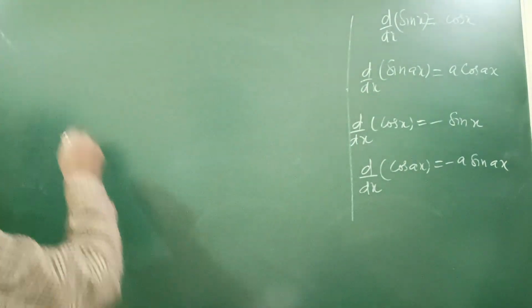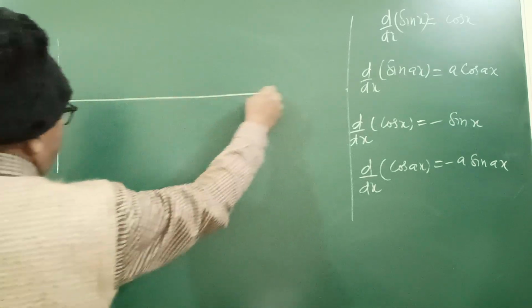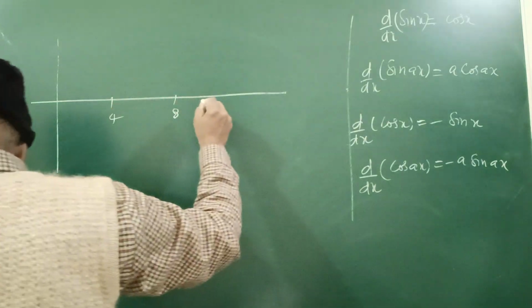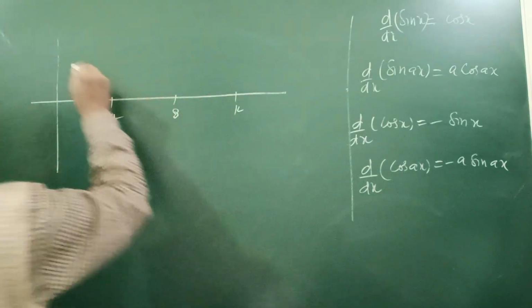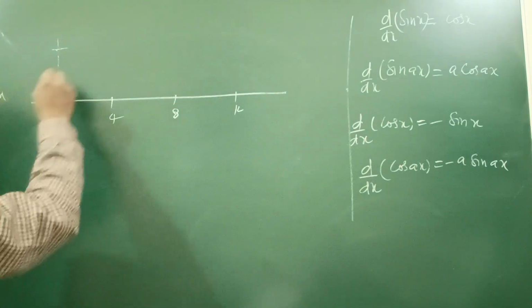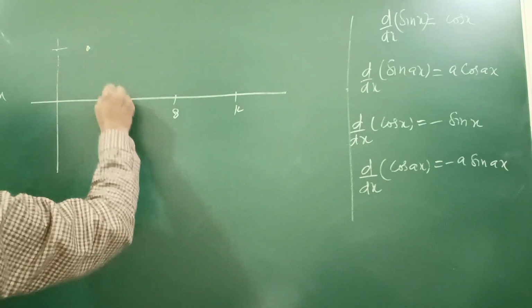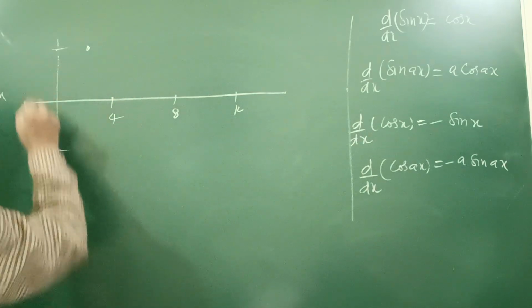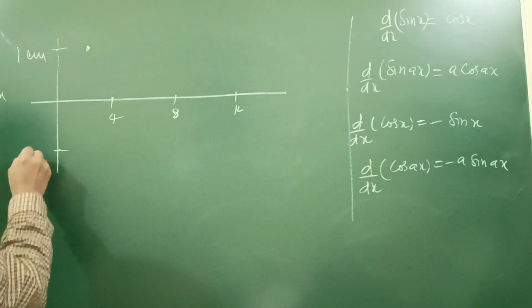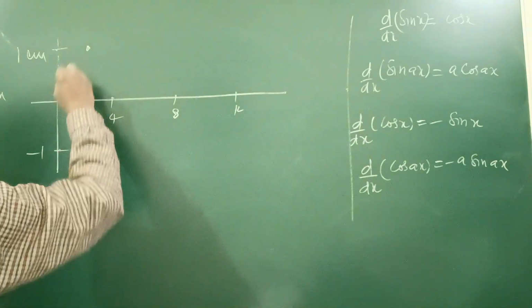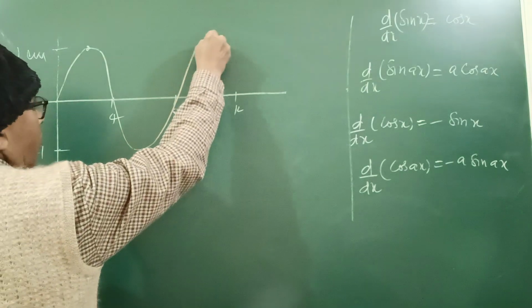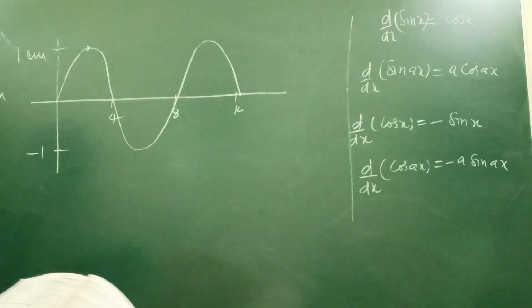Here you are given a graph, with 4, 8 and 12, x in centimeter, 1 centimeter and this is minus 1. So the graph is like this.